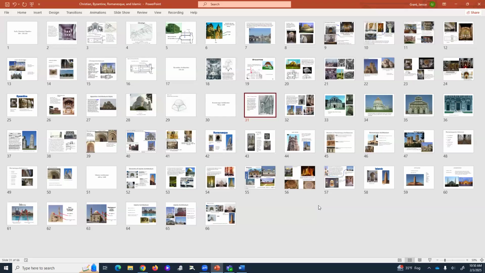All right, another important Islamic feature. What were those tall towers called?